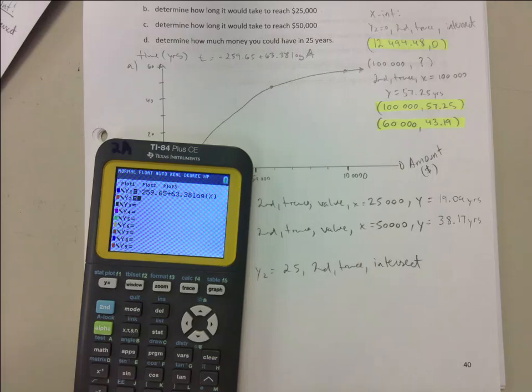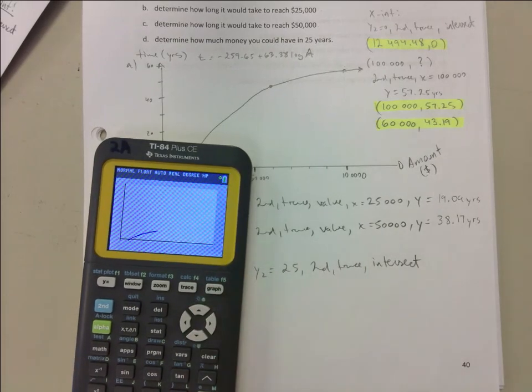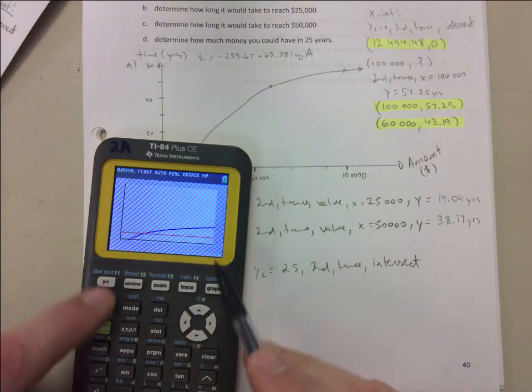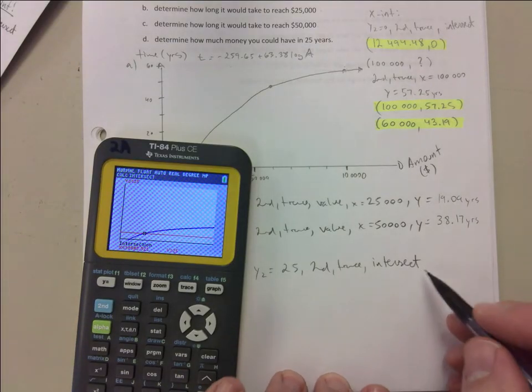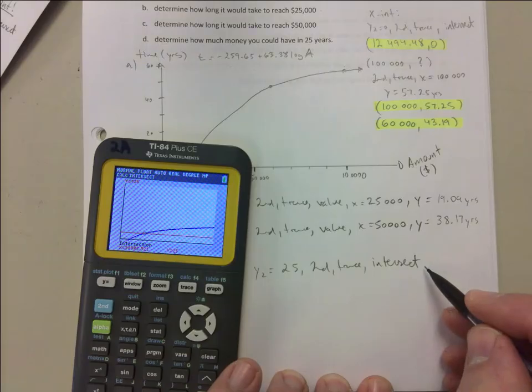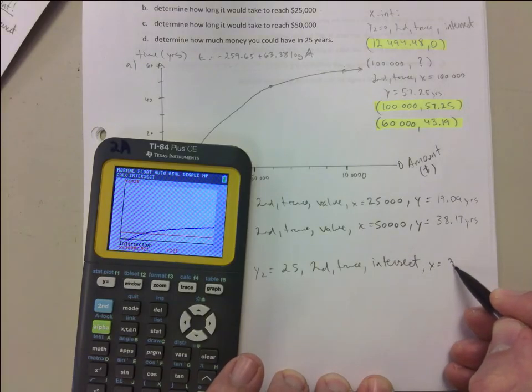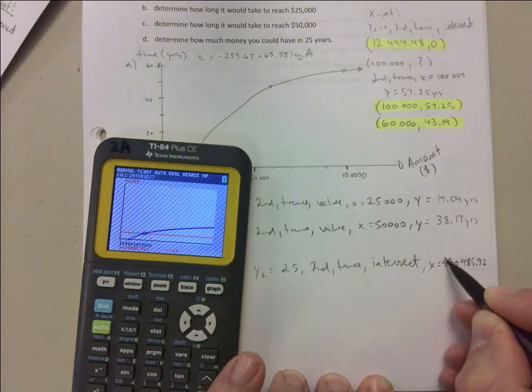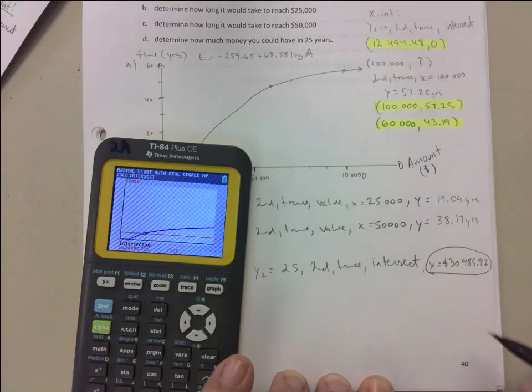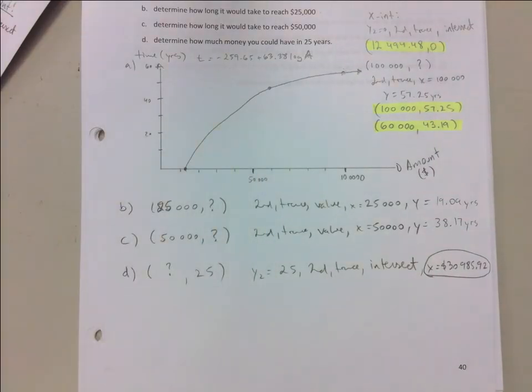Let's see if that shows up on our screen. Yeah, it does. That's my 25 line. Second trace 5, enter, enter, enter. And it is X is equal to 30,985.92 cents. As long as you have a unit there, you're good to go.